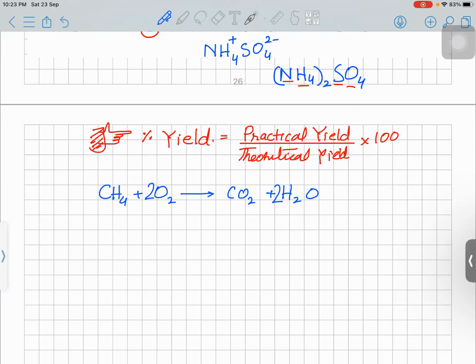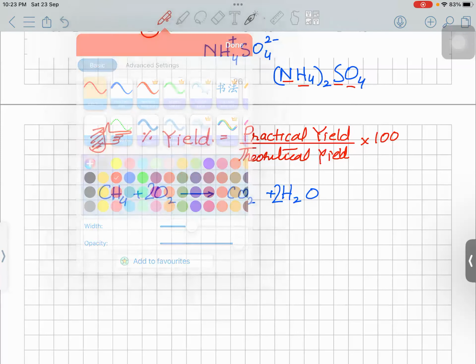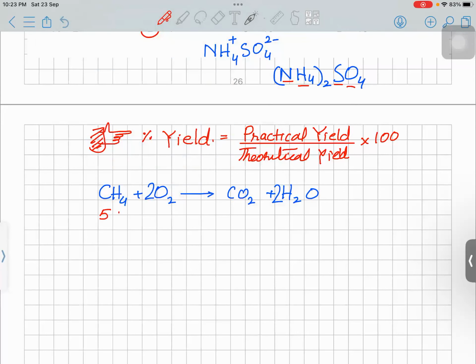Now 5 gram is taken. If the mass of CH4 is 5 gram and amount of carbon dioxide produced is 2.5 gram, you can easily find the percentage yield. यानी कितना परसेंट बना है.